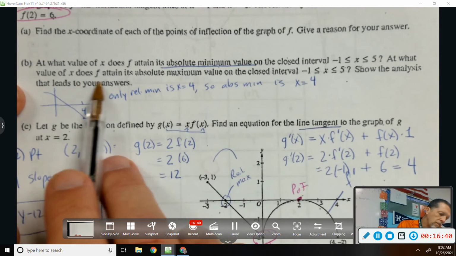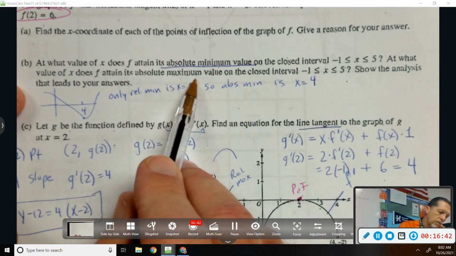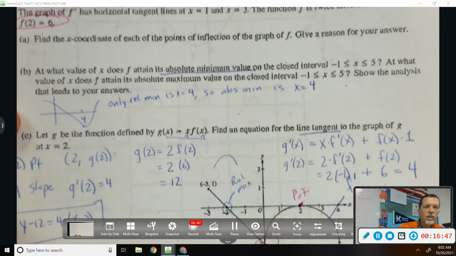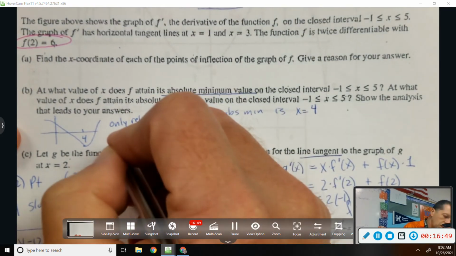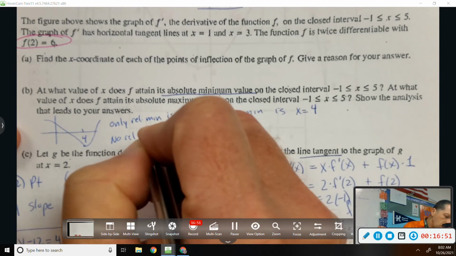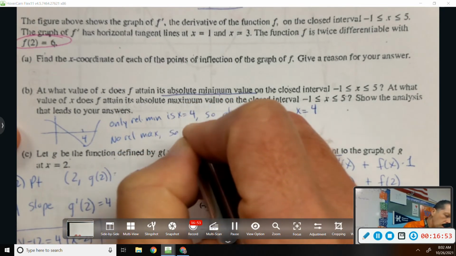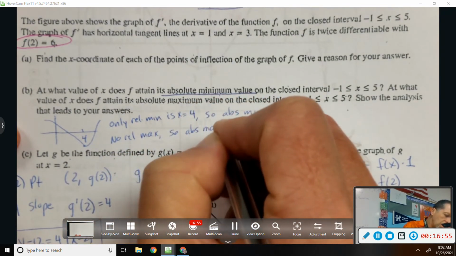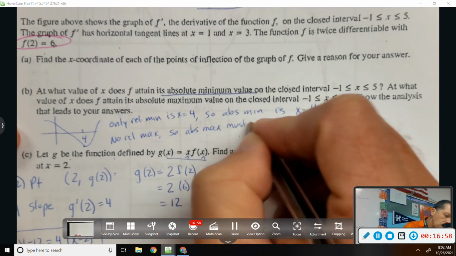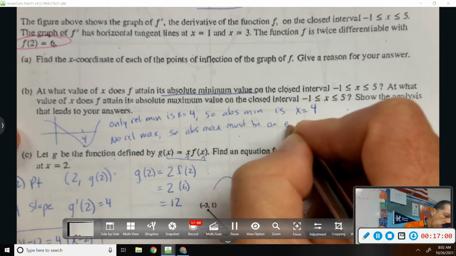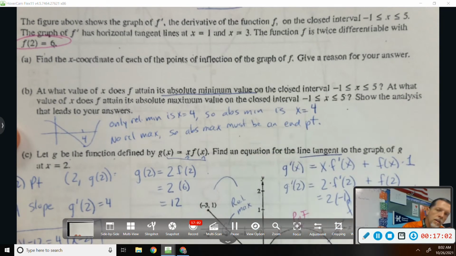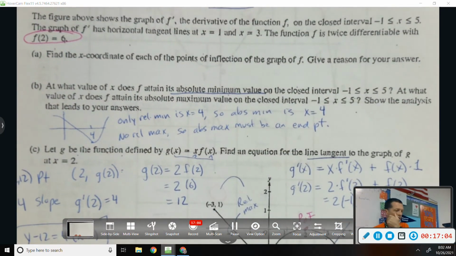At what value of x does it obtain its absolute maximum? Show the analysis that leads to your answer. Well, there's no relative maximums. So the absolute max has to be an endpoint. So that narrows it down to either -1 or 5.